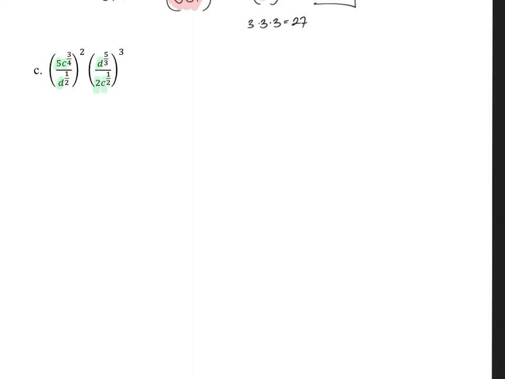So what I'm going to do is go ahead and distribute in the exponent to each of the bases. I'm just going to go ahead and rewrite all of the bases and then do the distributing.